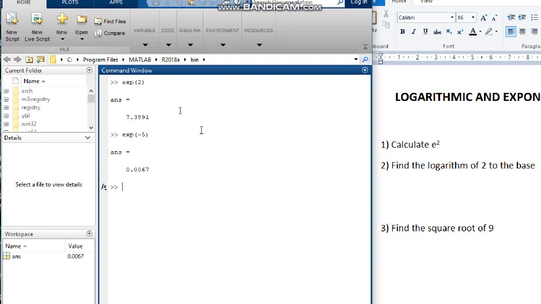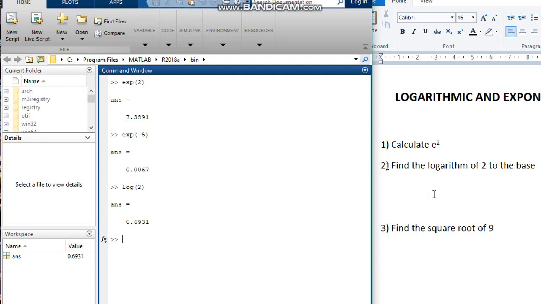So to find the logarithm to the base e, I simply type log, then I put my 2. So that is going to give the logarithm of 2 to the base e. So if I hit the enter button, it's going to give me the value 0.6931. So that is logarithm to the base e in MATLAB.